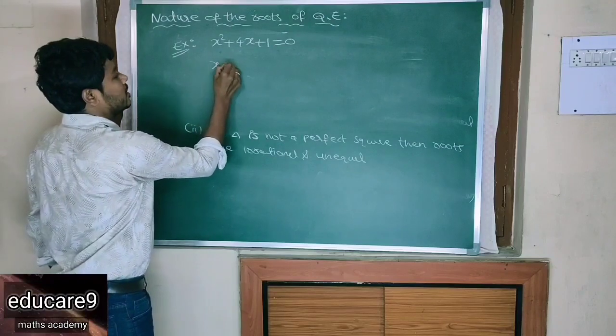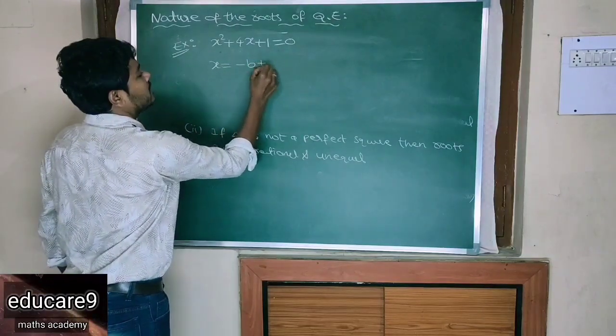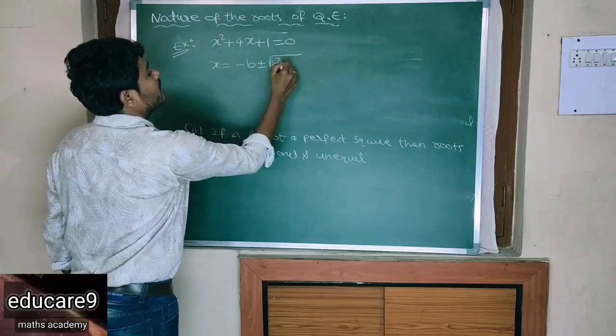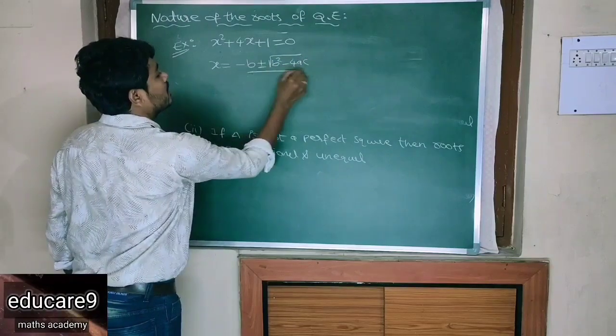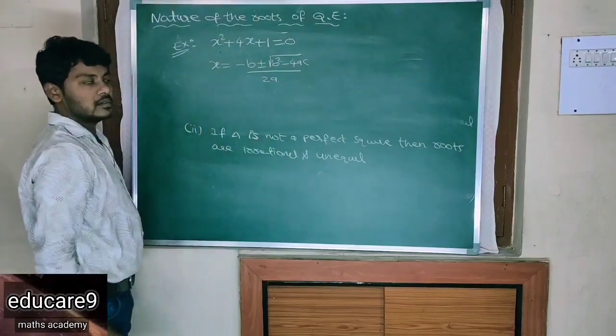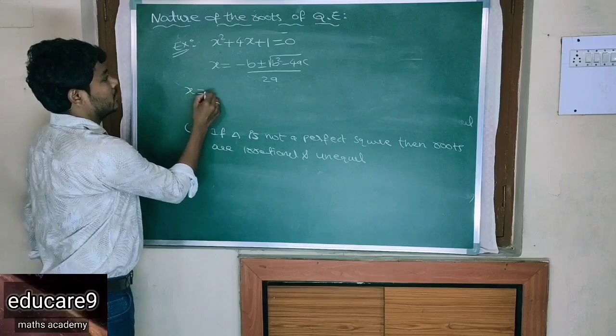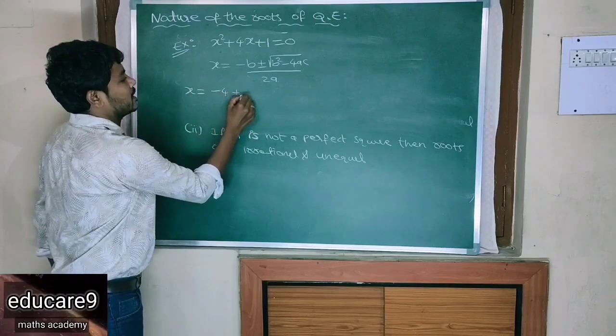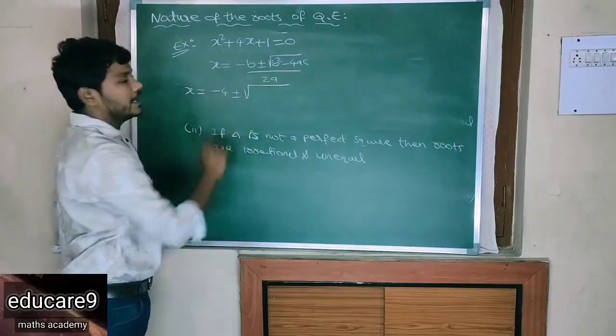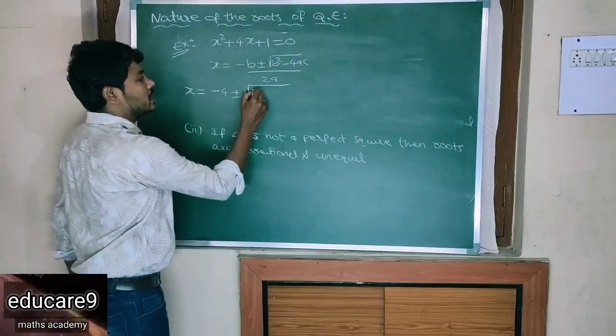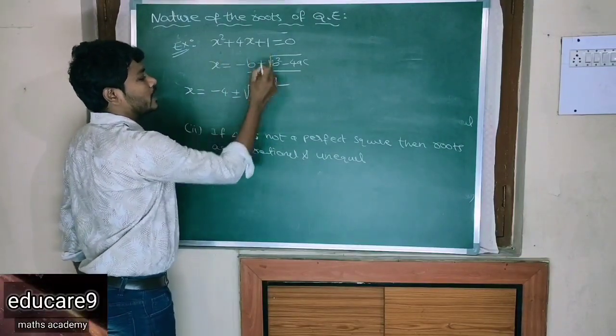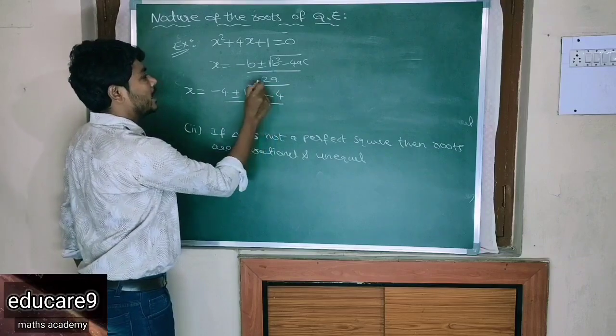So that is x is equal to minus b plus or minus under root of b square minus 4ac by 2a. Now x is equal to minus 4 plus or minus under root of b square, that is 16, minus 4ac, that is 4, by 2a.